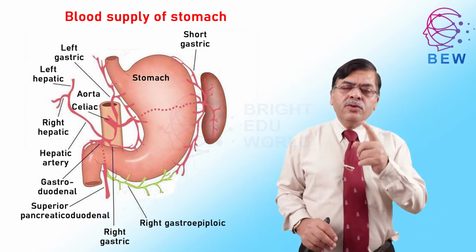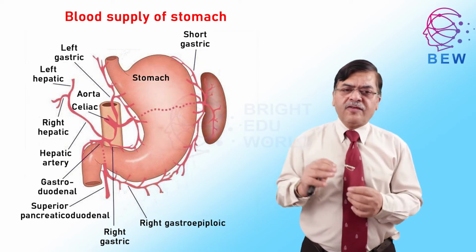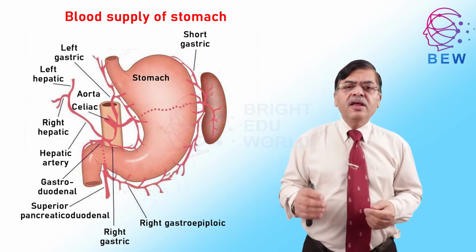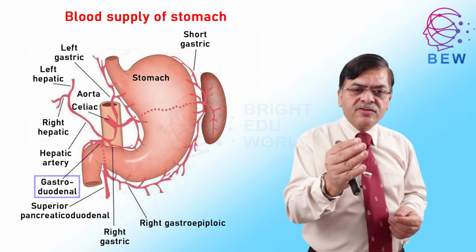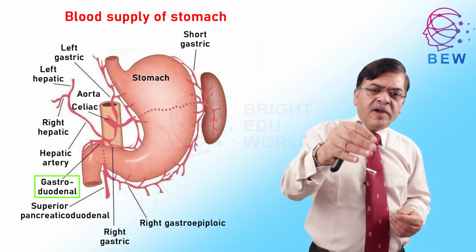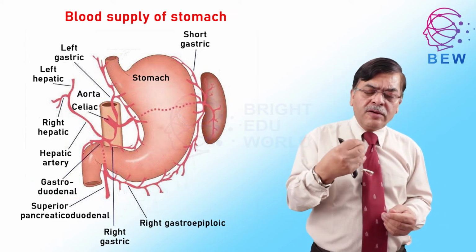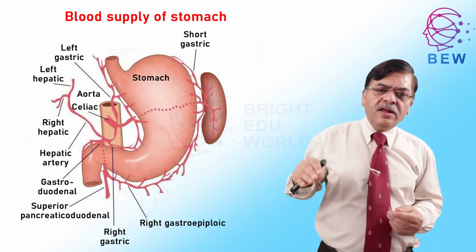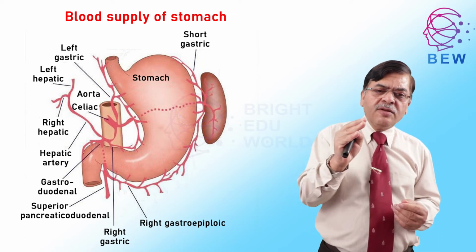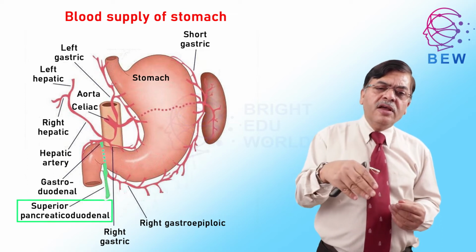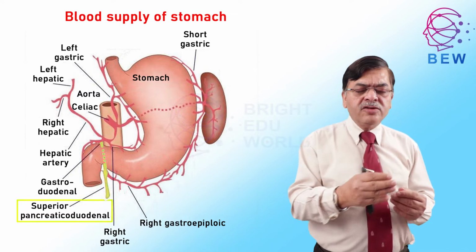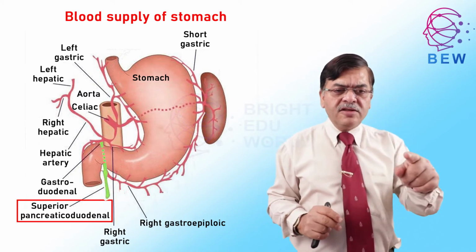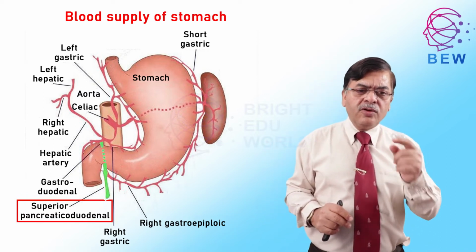I told you, two epiploic arteries, right and left. So this branch, the gastroduodenal artery, goes behind the duodenum, the retroduodenal course, and then it supplies the head of the pancreas, that is pancreaticoduodenal. It supplies the head of the pancreas as well as the adjoining part of the duodenum. You can see this superior pancreaticoduodenal artery.